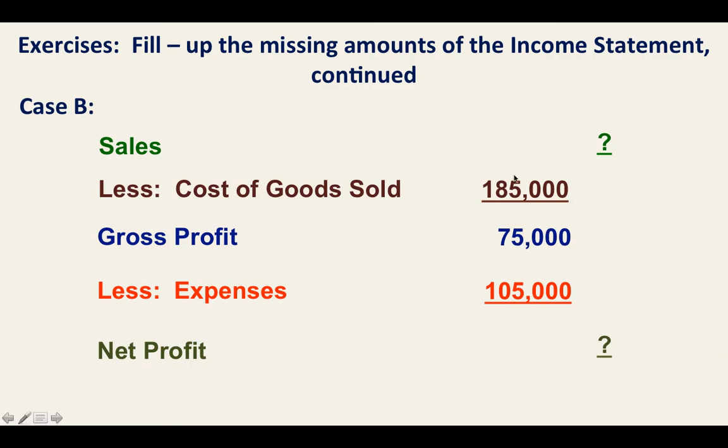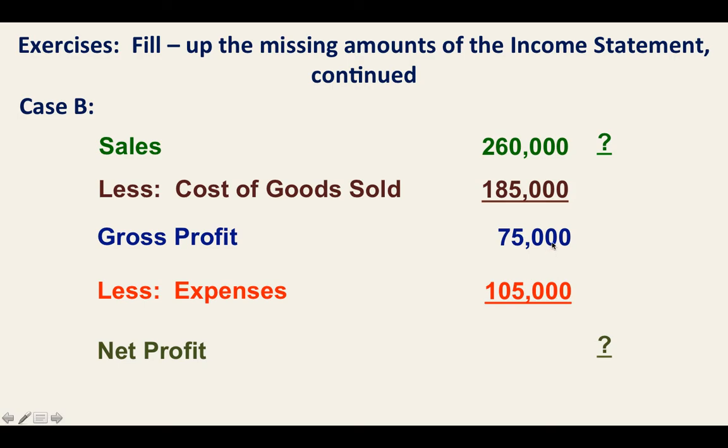Considering that sales consists of cost of goods sold and gross profit, we just have to add these two: 185,000 plus 75,000 will give you 260,000.